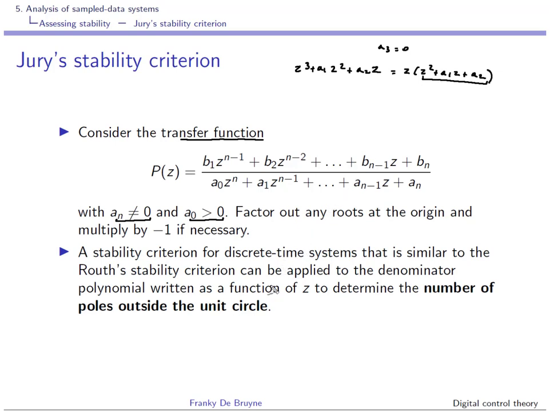So this criterion for stability is very similar to the Routh stability criterion. It's also applied to the denominator polynomial, but as a function of z, and it can be used to determine the number of poles outside the unit circle.